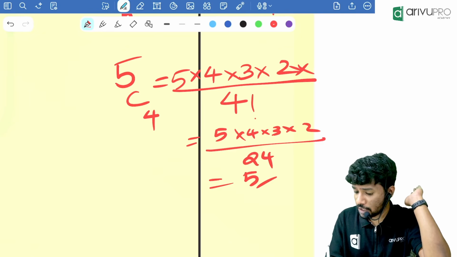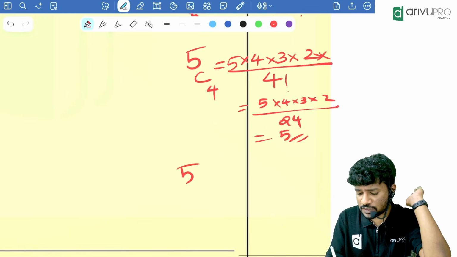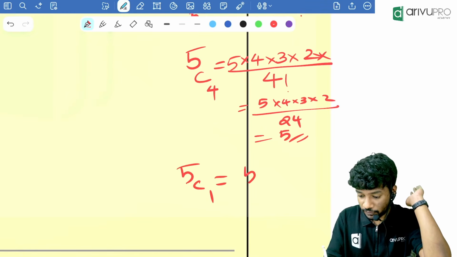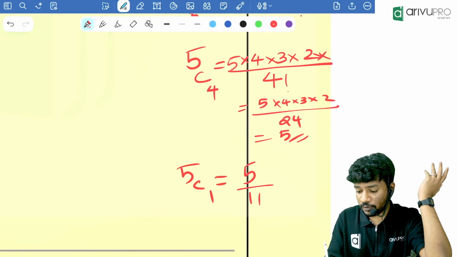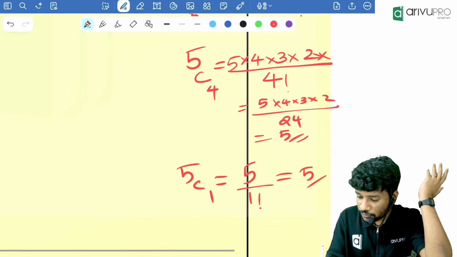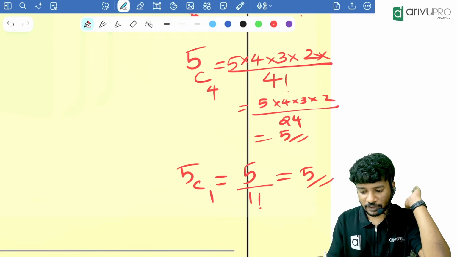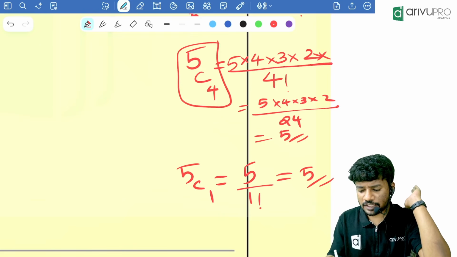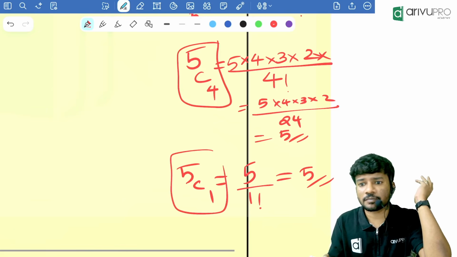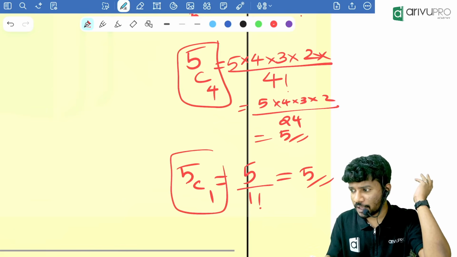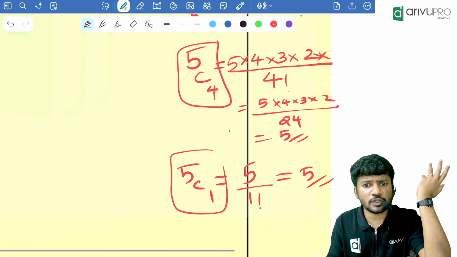Everyone got 5? Yes. Now how much is 5C1? Only 5 is there, divided by 1 factorial, so directly write it as 5. If you have a close look, 5C4 and 5C1 both values are the same.